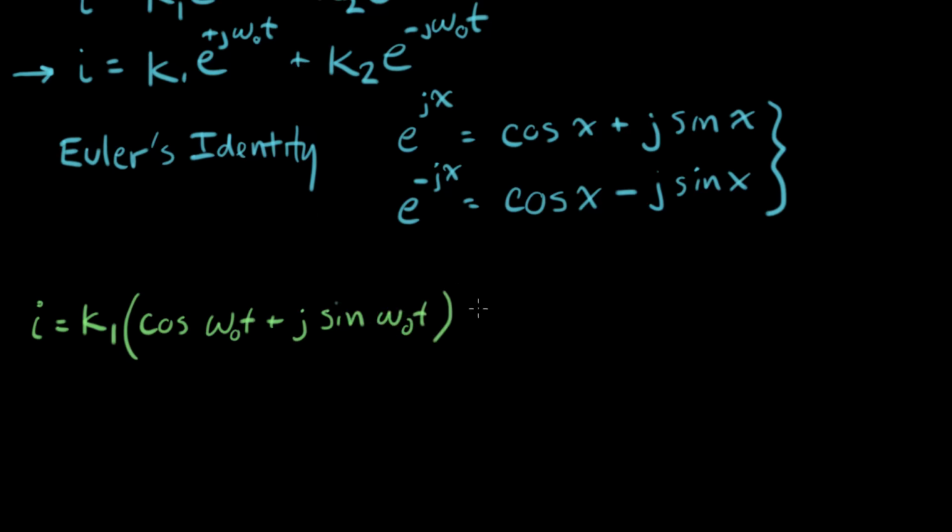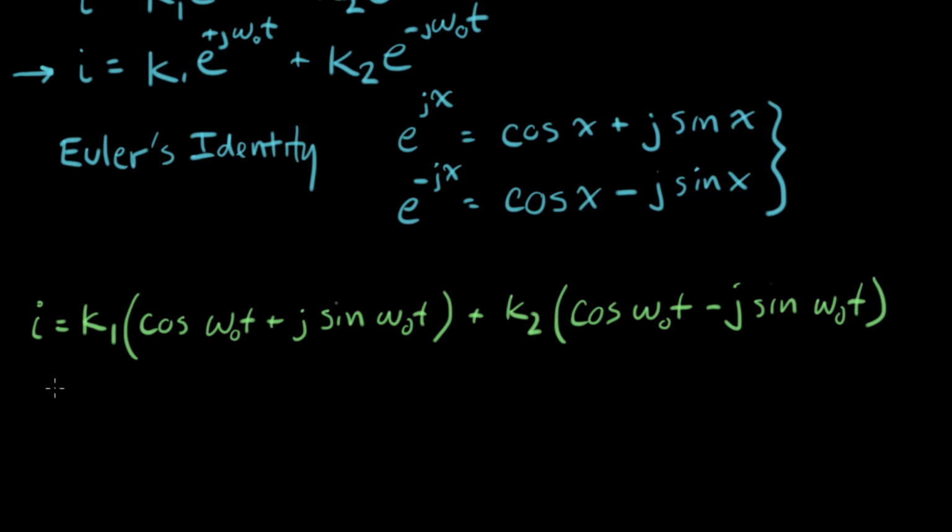Okay, now the second term is plus K2 times, now we have the negative up in the exponent, so we use this one, cosine omega naught t minus j sine omega naught t. Now we have our solution spread all out across the screen, and let's see if we can tidy things up here.